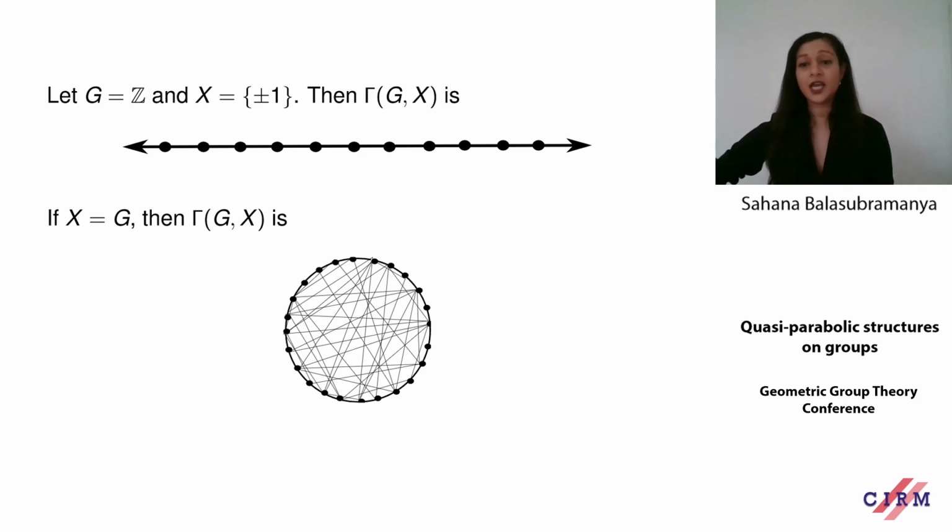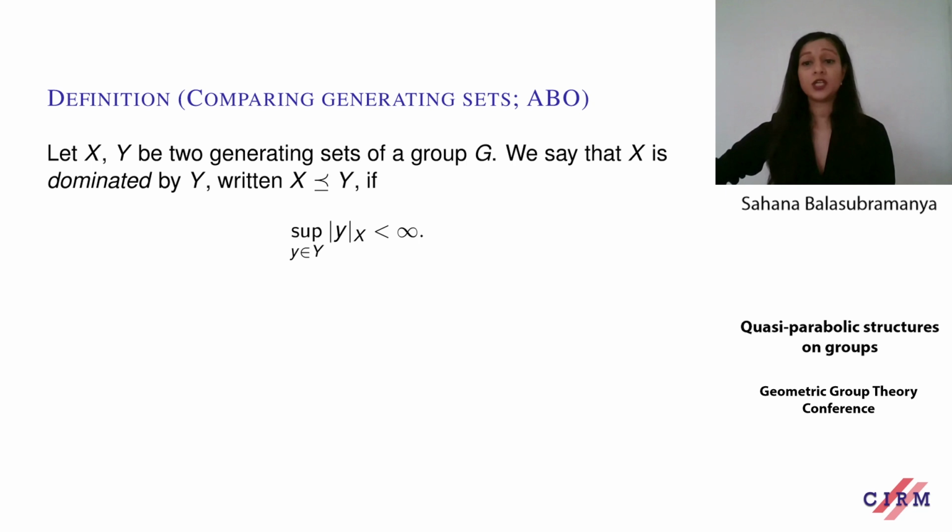We wanted to understand that when we have two generating sets, how do we say that one is better than the other for the purpose of studying our group via the associated Cayley graph? And the definition from our work is the following. So we take two generating sets X and Y, and we say that X is dominated by Y if the following happens.